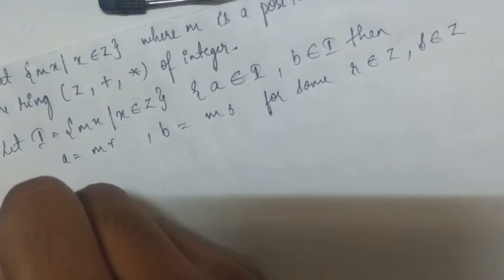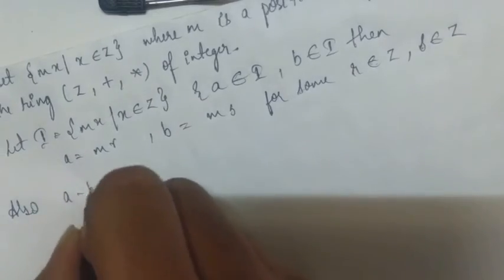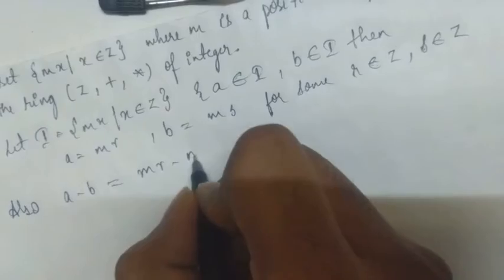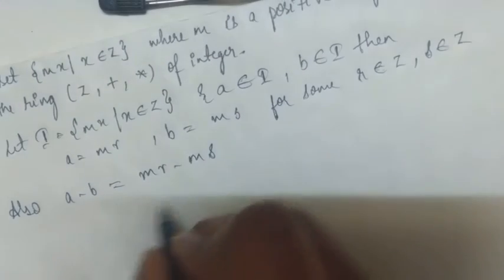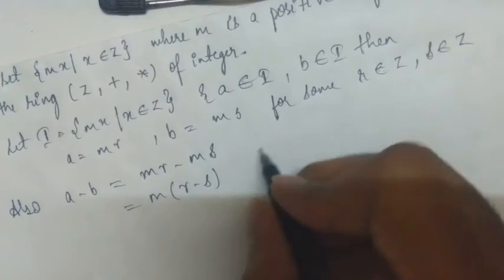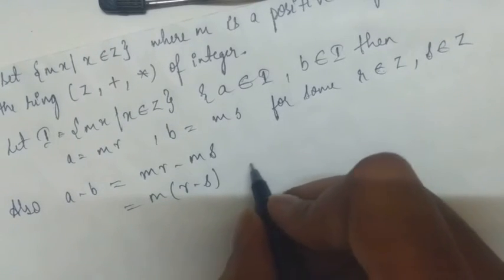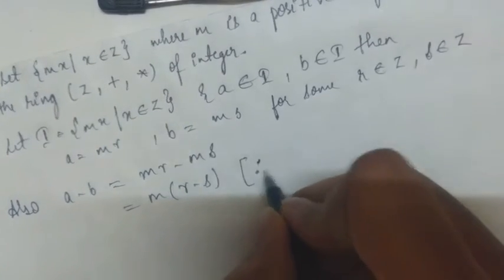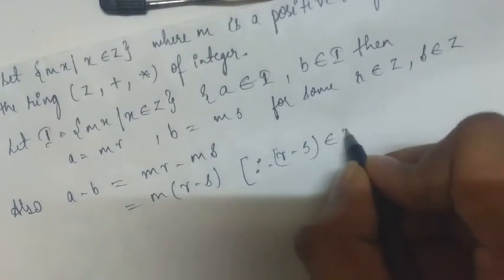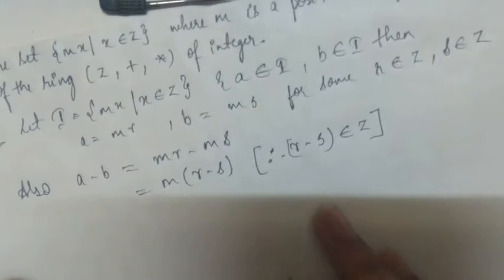Also let's apply the first property a minus b, that we get mr minus ms. If we take m common here, we get m times r minus s, where r minus s belongs to z, that is an integer. So the first property is proved here.